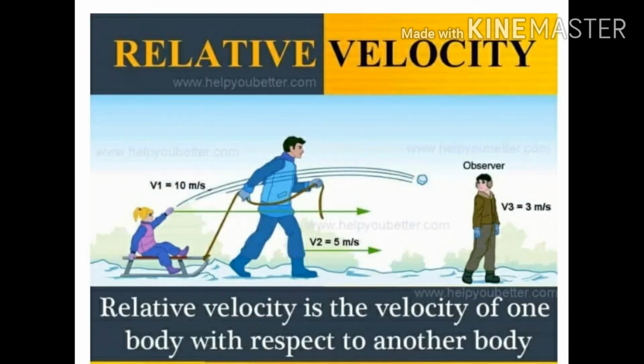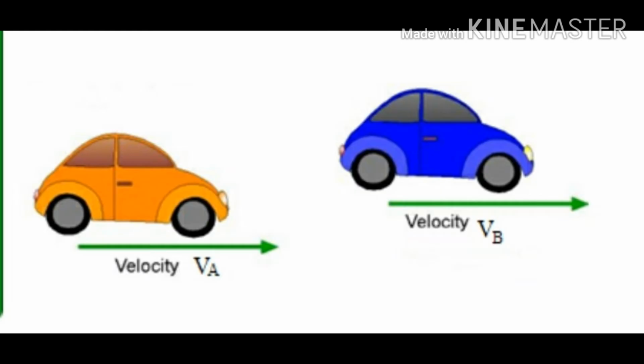Relative velocity. What do we mean by relative velocity? The relative velocity is the velocity of one body with respect to another body. Suppose you are driving a car and you overtake another car from behind.